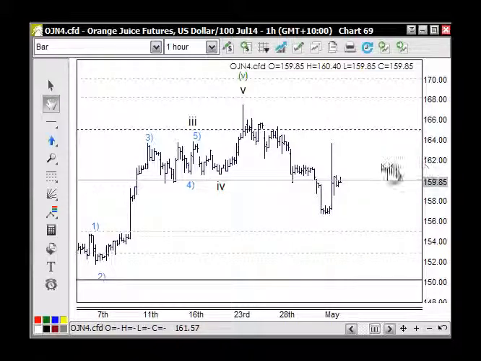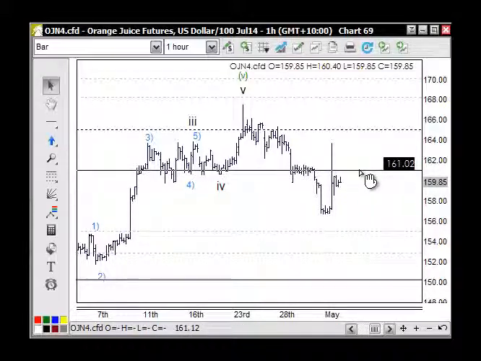If the market found support above this little consolidation here, because that's where the supply is, the sellers there. So if that becomes, it's resistance at the moment, isn't it? If it became support over here, then you can go long from that point there. So there's a couple of steps, that's the 161 in here.